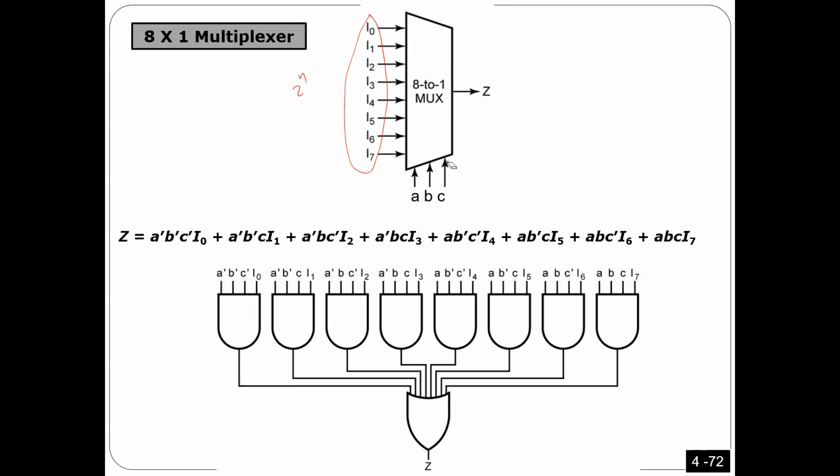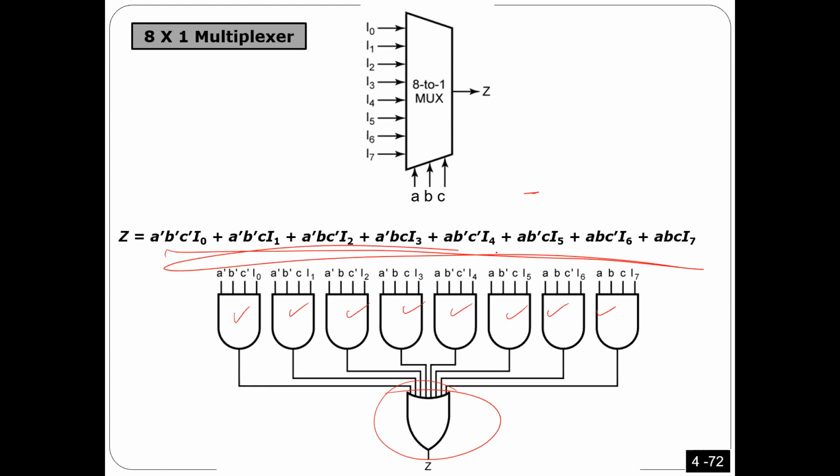These 3 bits give me values from 0 until 7. Very simple. How can you design this one? It's the same thing. For every case we need one AND, and then everything is going to be ORed together. The result is this way.